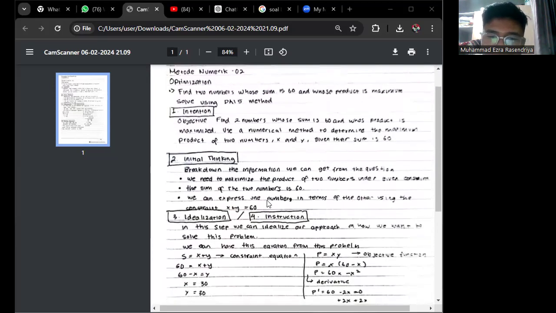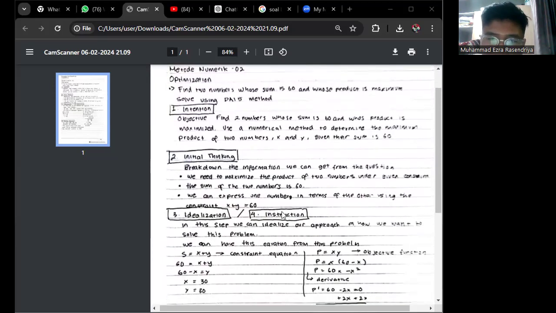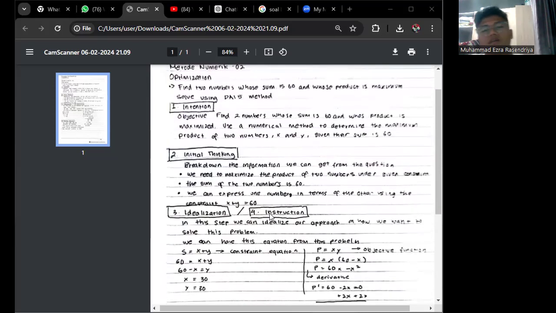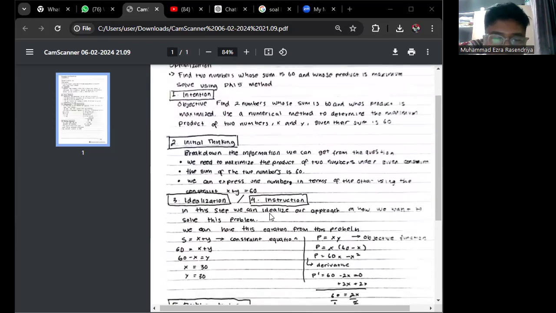And the sum of the two numbers must be 60. And we can express one number in terms of the other using the constraint, for example x plus y equals 60.